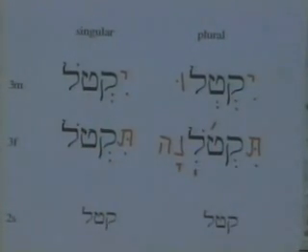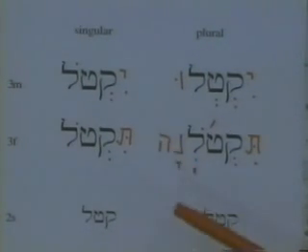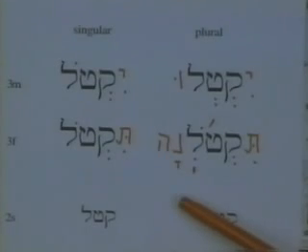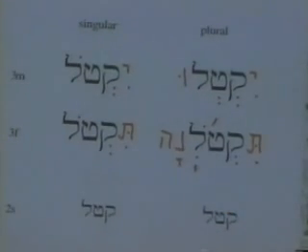Now, these were, in fact, originally independent forms, and I won't bore you with the history of this. Originally, jussives were shortened forms of the imperfect, back when the imperfect forms were longer. Remember, we had that discussion when we were talking about the preterite, that originally the imperfect forms in Hebrew were longer forms, and they've gotten apocopated or shortened over time.